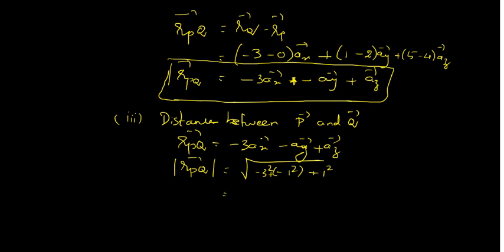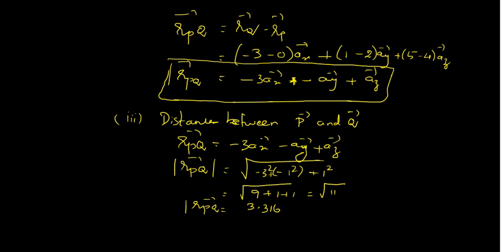That is square root of 9 plus 1 plus 1, which is square root of 11, which is equal to 3.316. So that is the value of the distance between.